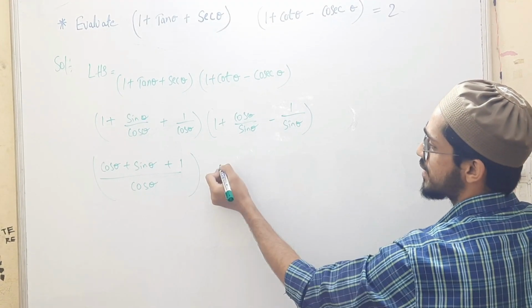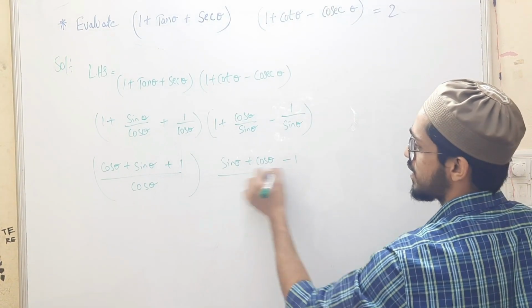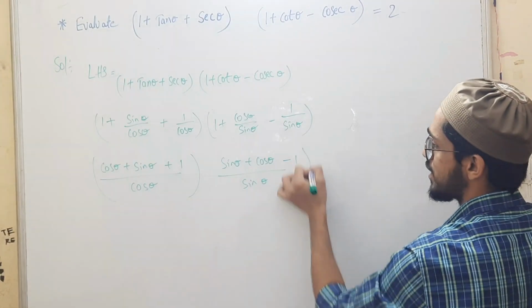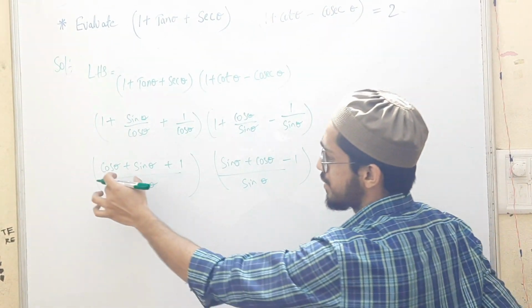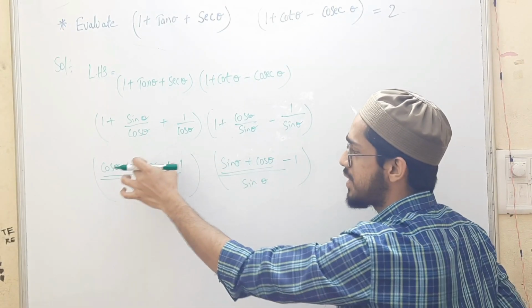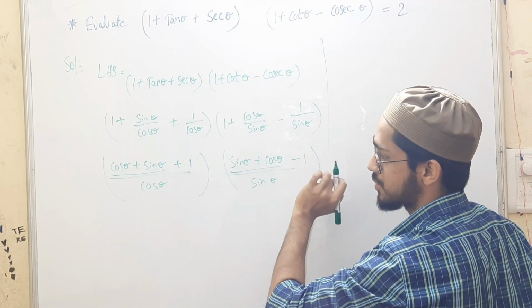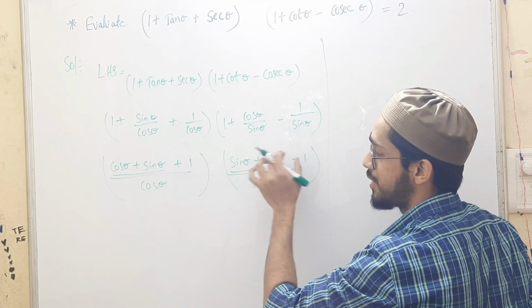Next, sin theta going there, sin theta plus cos theta minus 1 by sin theta. Here, this is a value and this is b value. A plus b into a minus b.